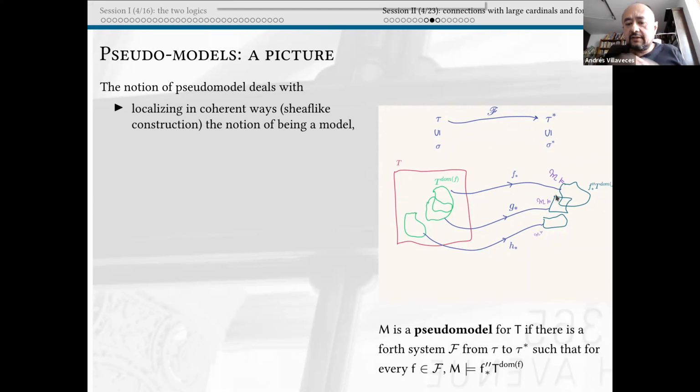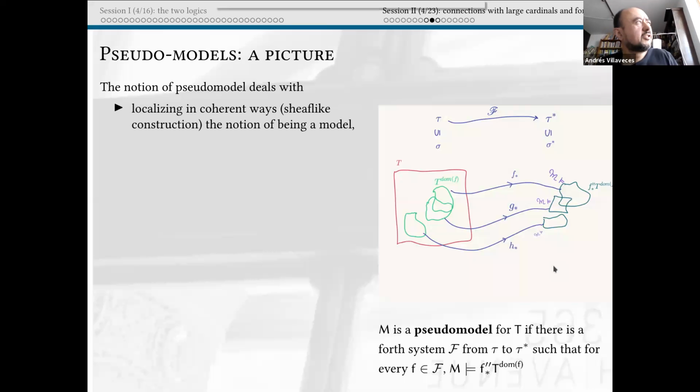Then you transform the vocabulary, the map extends to formulas in the theory, and then you get something here that is in tau star. And then you say, oh, M was really a model in the usual sense of this. But if you take another piece, you get another piece here, and M is also a model of that. So it's like transferring.